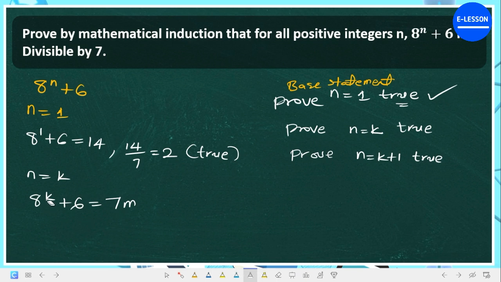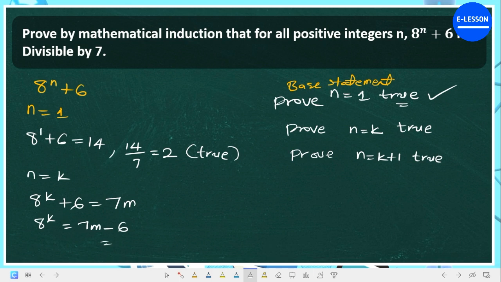If 8 raised to the power of k plus 6 is equal to some multiple of 7, that means this whole thing is also divisible by 7. So what we are going to do now is make 8^k the subject of the formula. So 8 raised to the power of k will be equal to 7m minus 6.